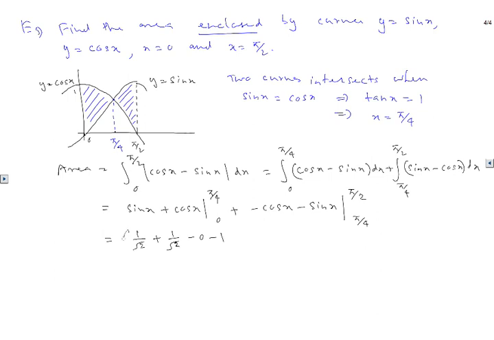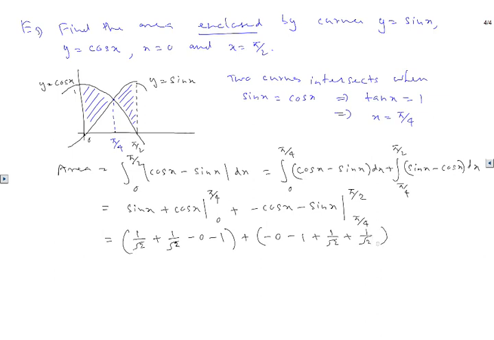So that's what you get from the first one, plus from the second one, when you plug in pi over 2, cosine pi over 2 is 0, so minus 0, minus sine pi over 2 is minus 1, and then you subtract that, making it plus. You plug in pi over 4, and you get 1 over square root 2 plus 1 over square root 2.